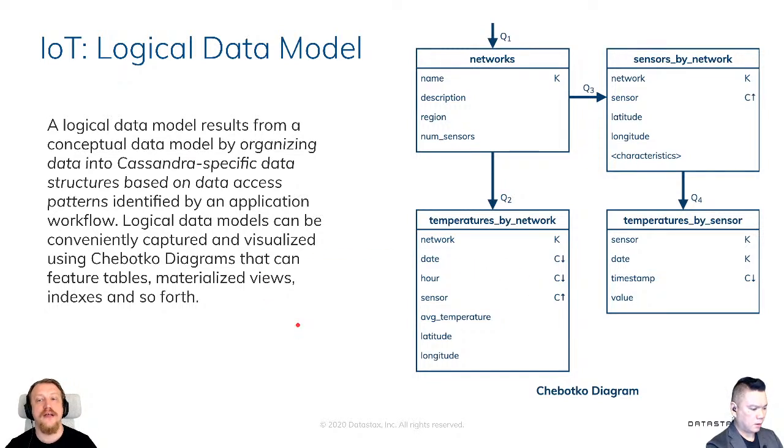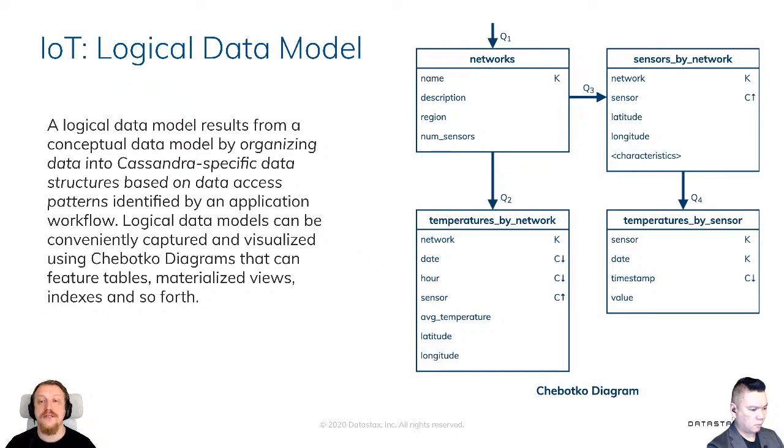So, based on the conceptual data model and application workflow we designed before, we proceed to the logical data model. We map together data from the previous two steps, and we design the logical data model step by step. The logical data model results from the conceptual data model and application workflow organized into Cassandra-specific data structures based on data access patterns.